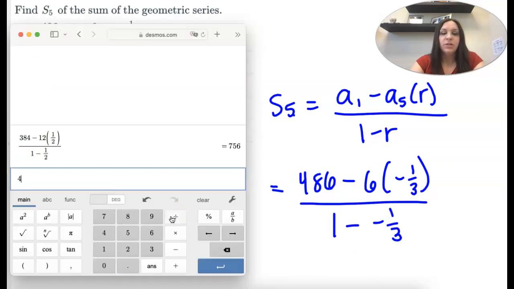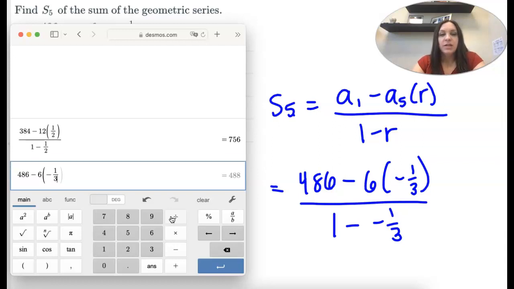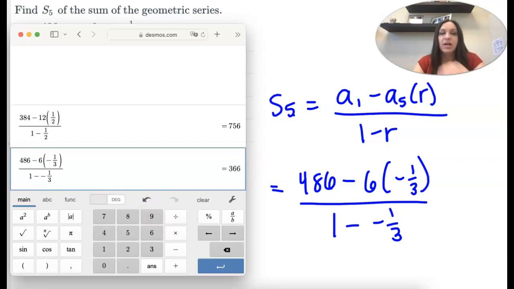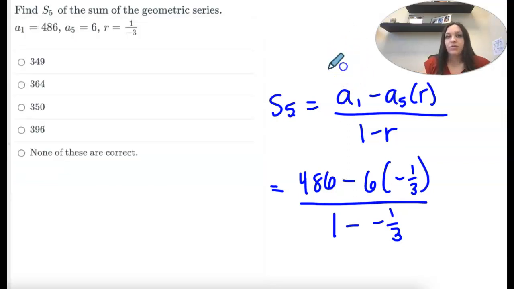Once you know the equation, it's just plugging in the right numbers and then using your calculator. So I've plugged everything in, now we're just typing it in. So 366. For this one, none of these are correct. Yes, that is an option sometimes, okay?